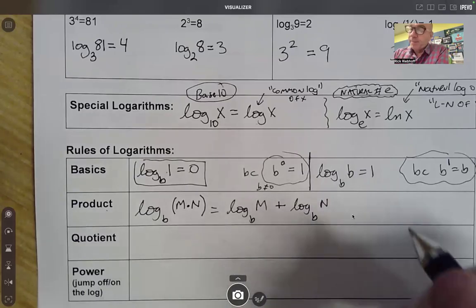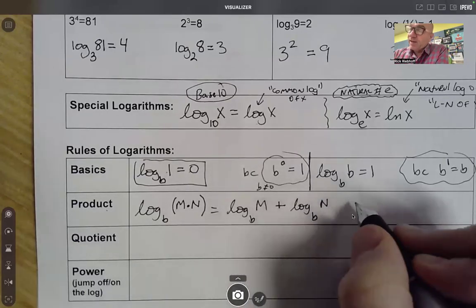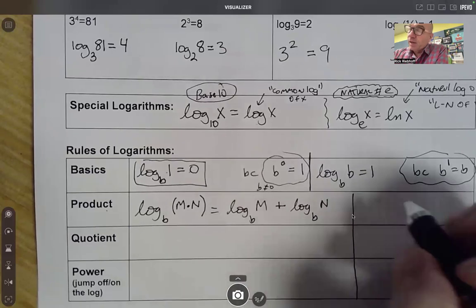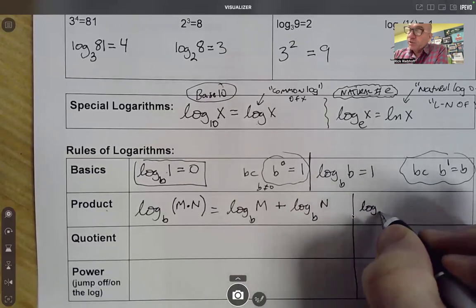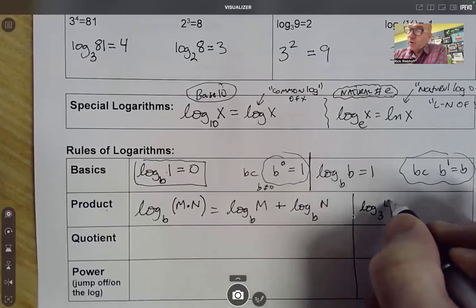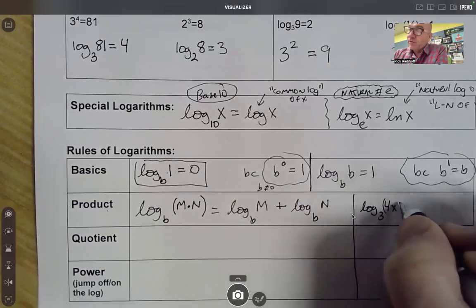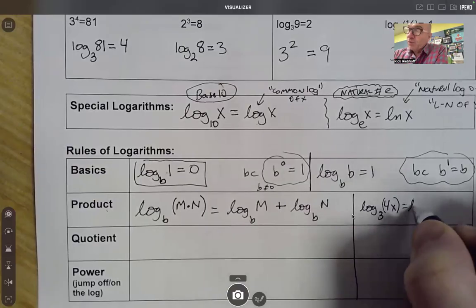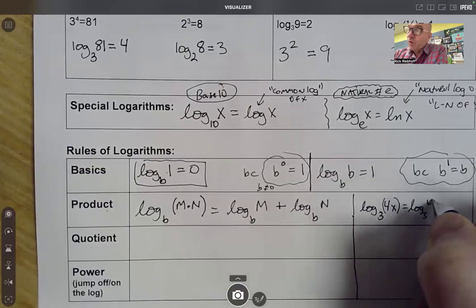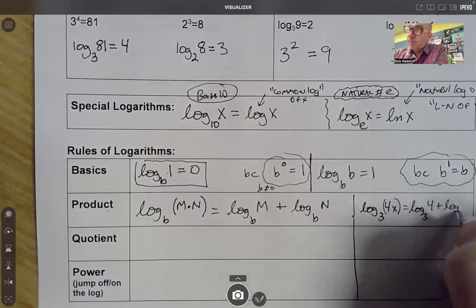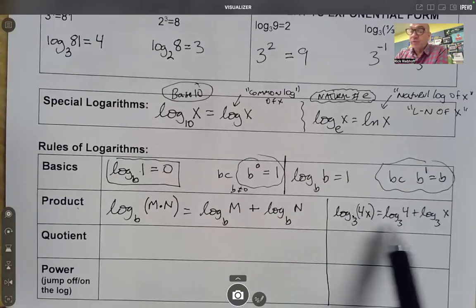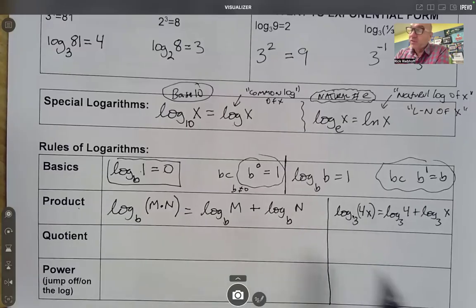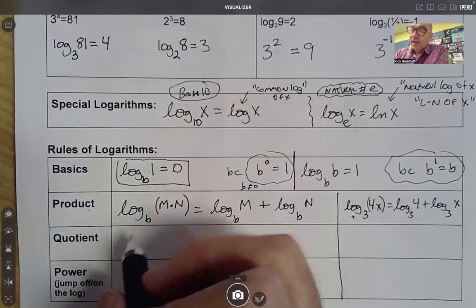I could give an example here. Log base 3 of 4x, usually we'll put that in parentheses, would be log base 3 of 4 plus log base 3 of x. So multiplication turns into addition.